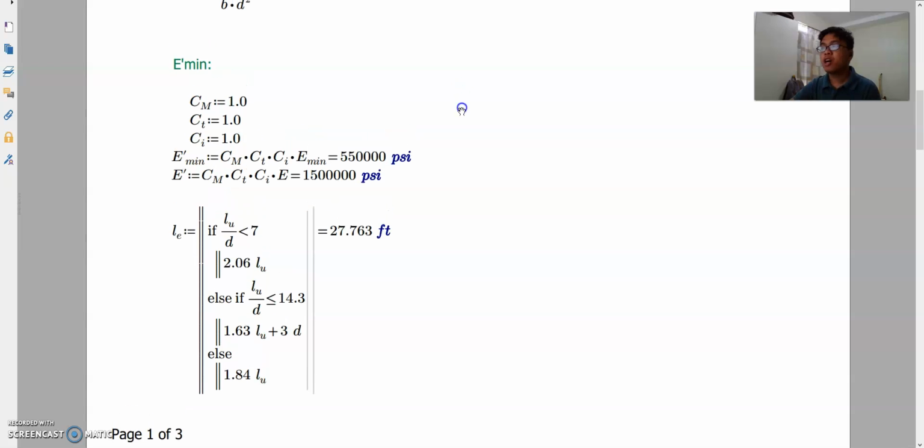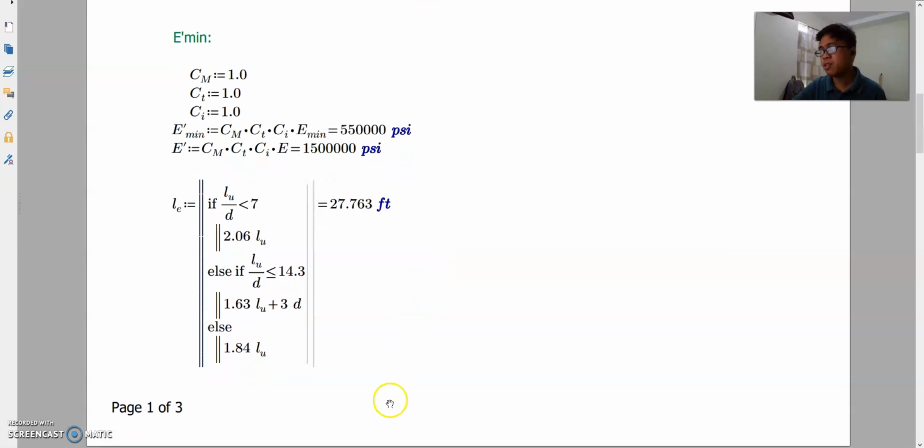PSI. Now for the strength, we need to compute for RB, but before computing RB, we need to compute for the adjusted E-min. And that would be equal to CM CT CI times E-min. All of these are just 1, and so E prime min equals E min equals 550,000. I've also computed E prime here, but that would be used later on.